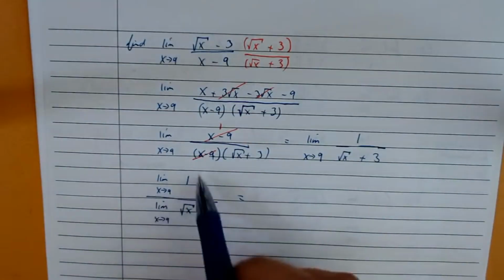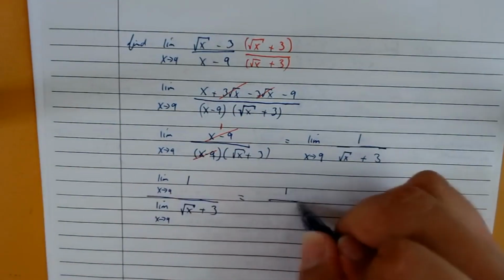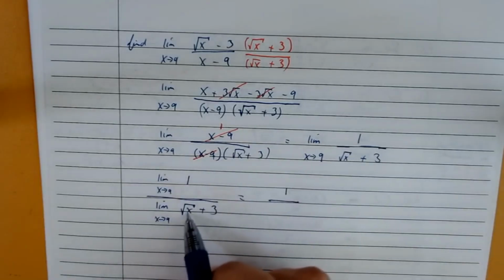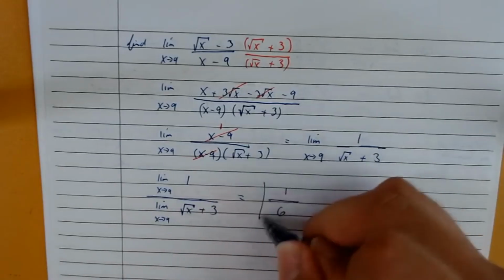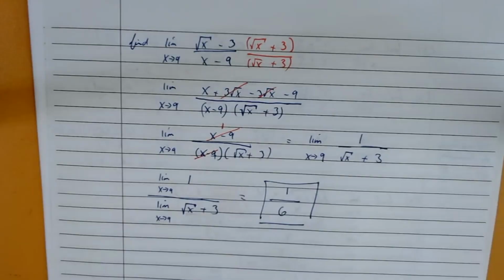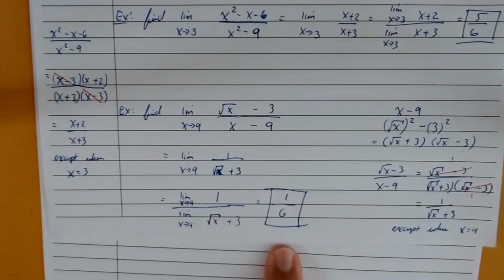In the numerator, that's the limit of a constant, which will stay constant. And in the bottom, that's going to be the square root of 9, which is 3, plus 3, for a result of 1/6, which if you notice is exactly the same result that we see here.